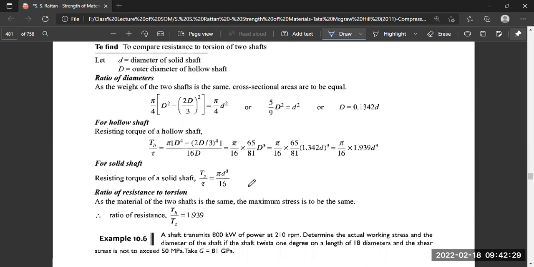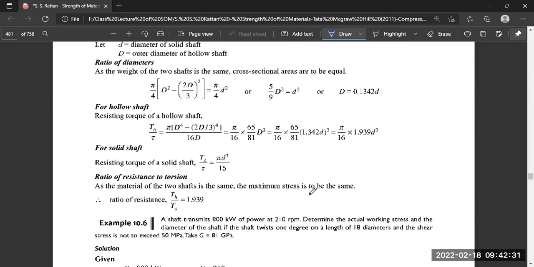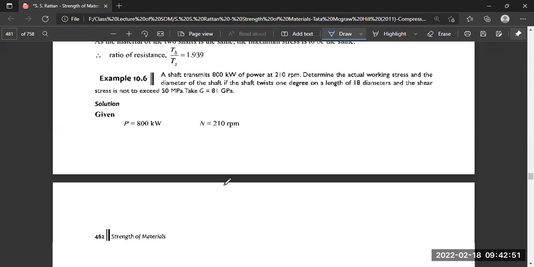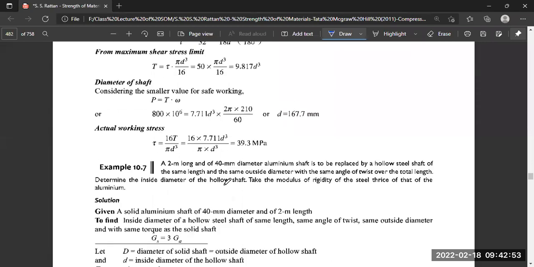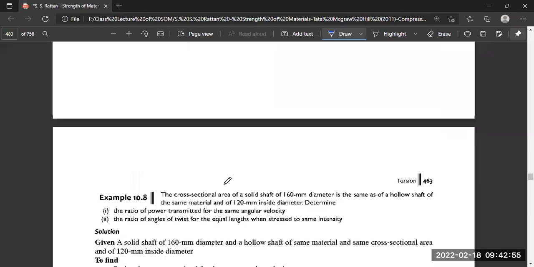Taking the ratio of these two equations, T of hollow by T of solid equals 1.939. That is our answer. Let us have another problem to finish this portion on shafts.